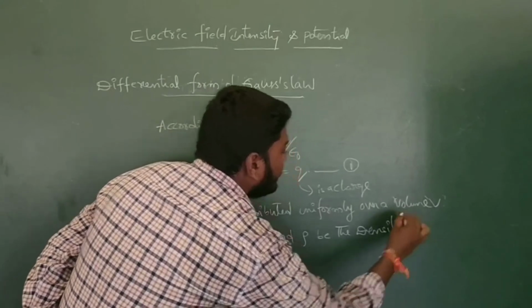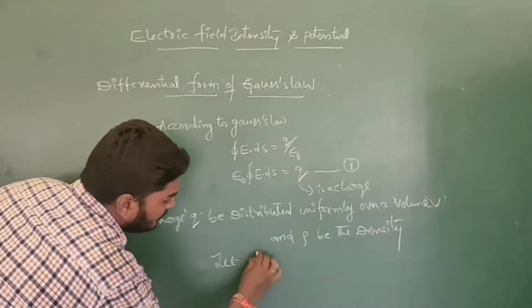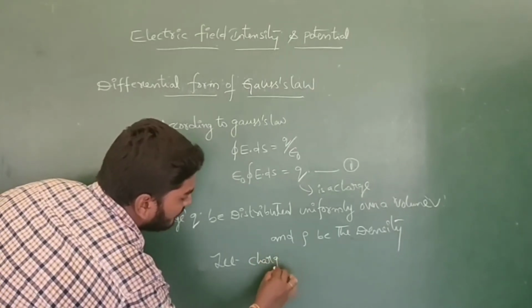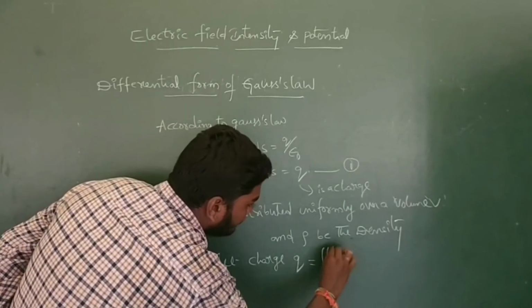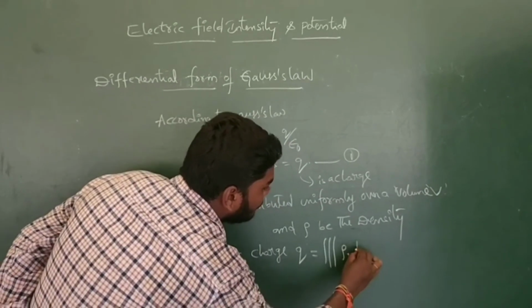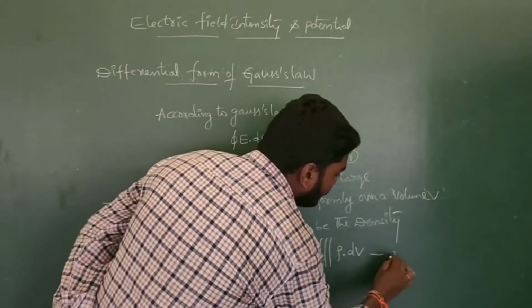Then the charge q equals the volume integral of rho dV. This is equation number 2.